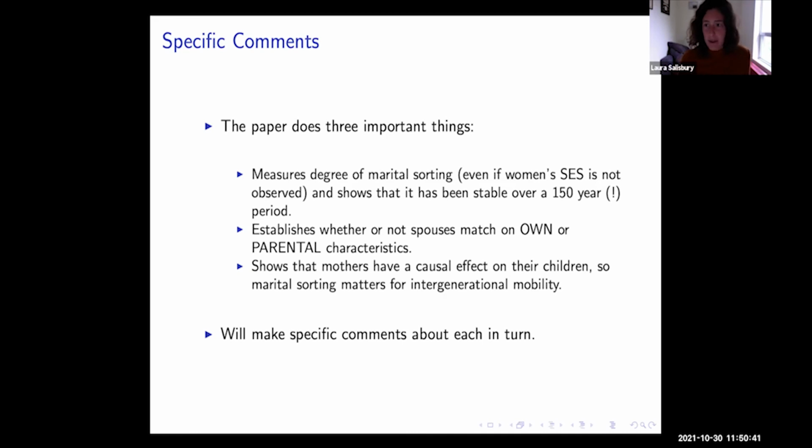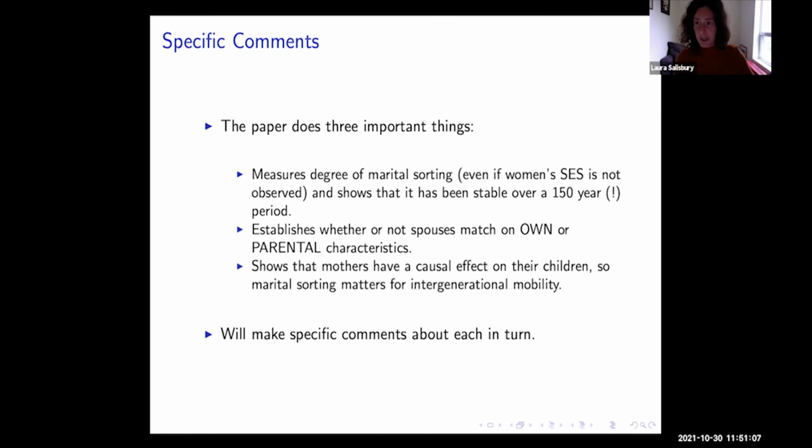And third, the paper shows a channel through which mothers matter for intergenerational mobility, or persistence from fathers to sons, which is that mothers invest in their children's human capital. So he shows that there is a causal effect of mothers' human capital on children's human capital.